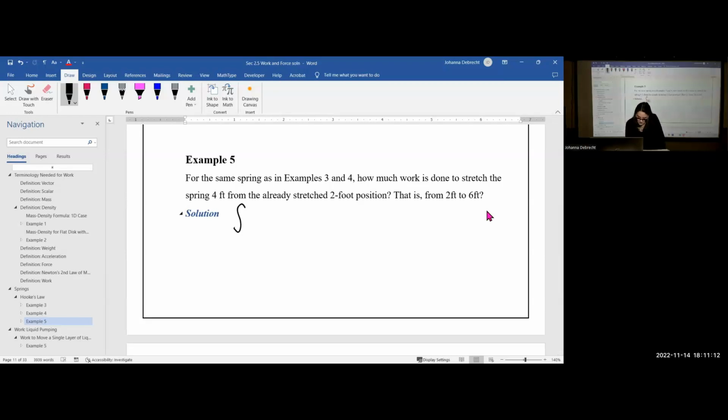So essentially, we have from 2 feet to 6 feet of 16 pounds per foot times x dx, which we have already integrated this quite a few times. We know this will result in 8 pounds per foot times x squared between 2 feet and 6 feet.